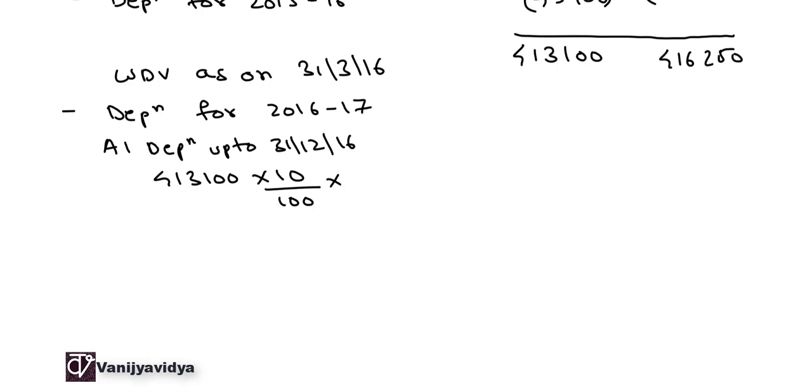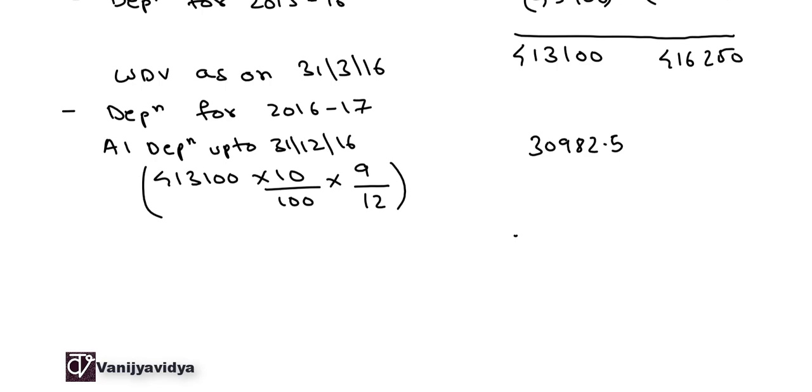Now this asset is used for 9 months, that is from 1st April 2016 to 31st December 2016, that is 9 months. So 9 divided by 12. So the depreciation is 30,982.5.